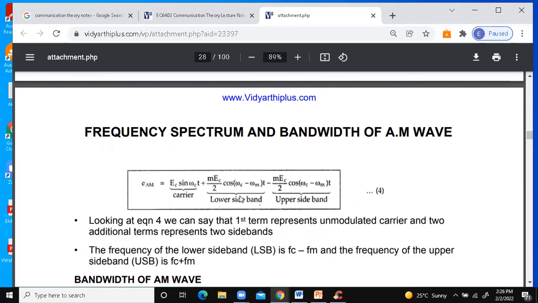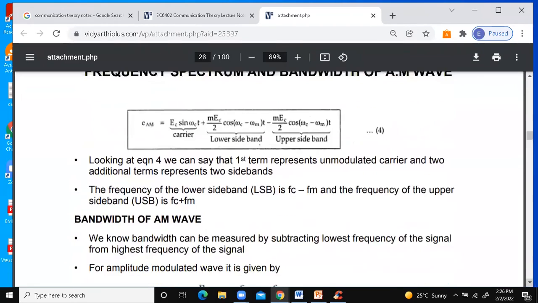This is the carrier. This is the lower sideband and the upper sideband.